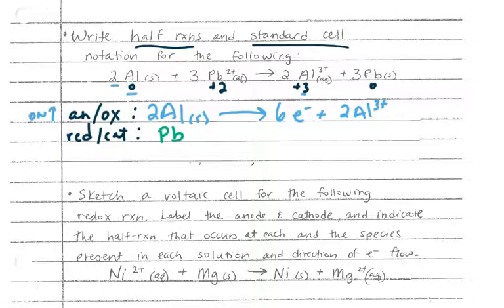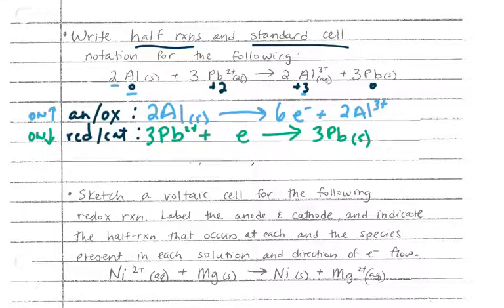Now for the reduction reaction. In reduction, the thing that's being reduced is the charge or the oxidation number. So we've got 3 lead ions with a 2+ charge. Reduction is gain of electrons, so electrons will be on the reactant side. And the product is 3 lead atoms, solid.